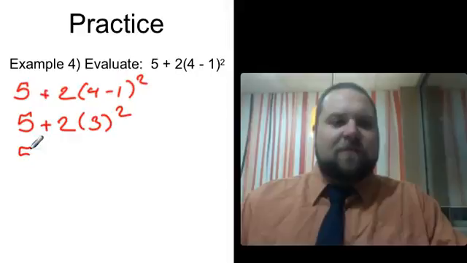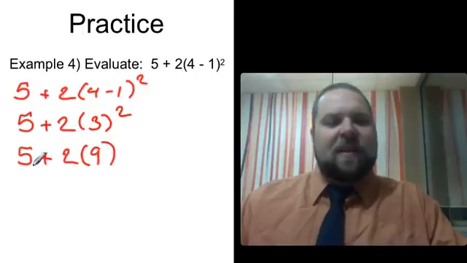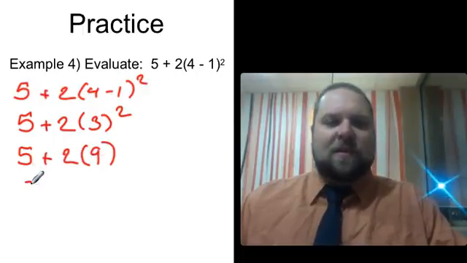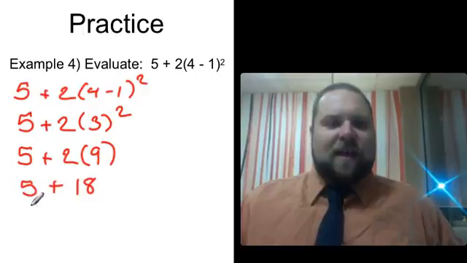So now I rewrite this. I know that this is supposed to be 2 times whatever 3 squared is. So that's 2 times 9. And now I look for any multiplication or division. Well, there's multiplication, 2 times 9. So I have 5 plus 2 times 9, which is 18. And then 5 plus 18 would be 23.